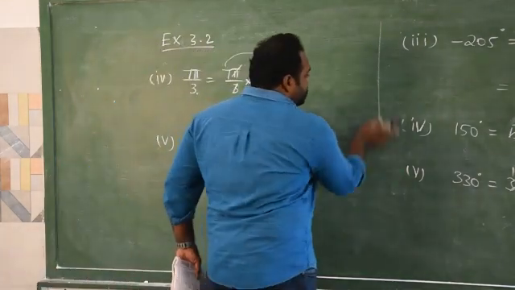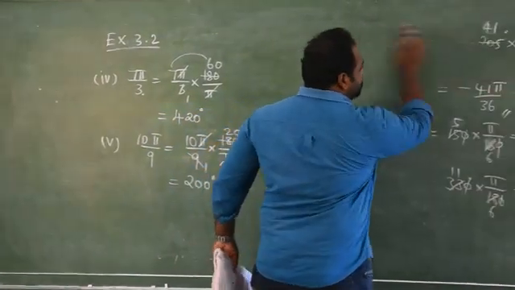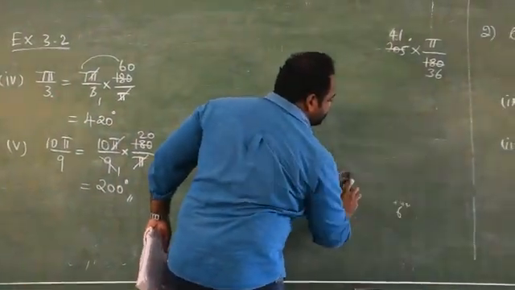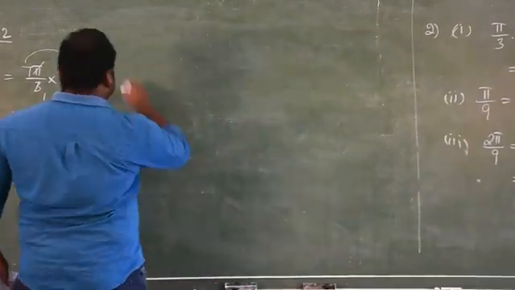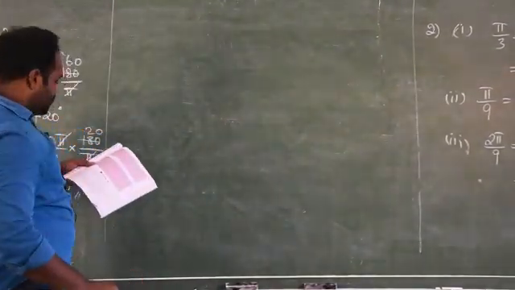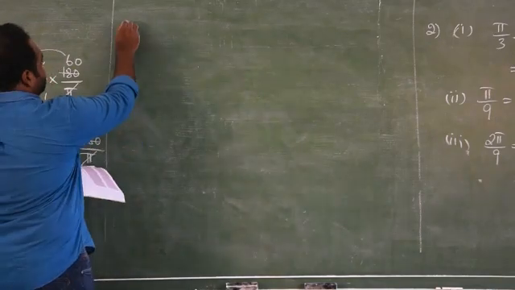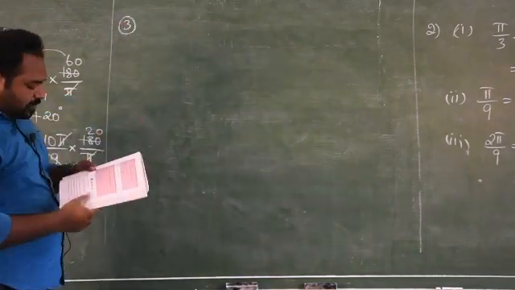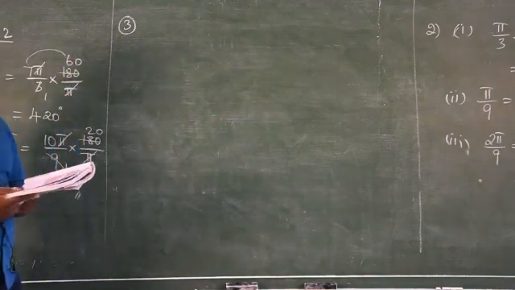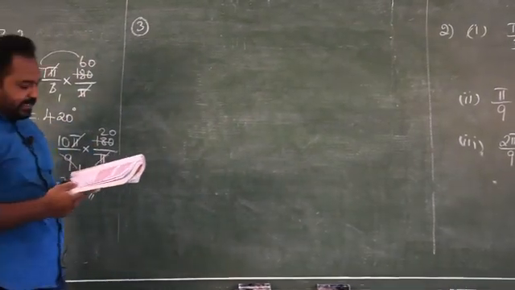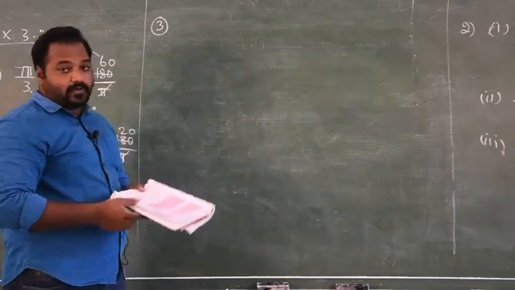Next, problem number 3. What must be the radius of the circular running path around which an athlete must run 5 times in order to describe 1 kilometer?